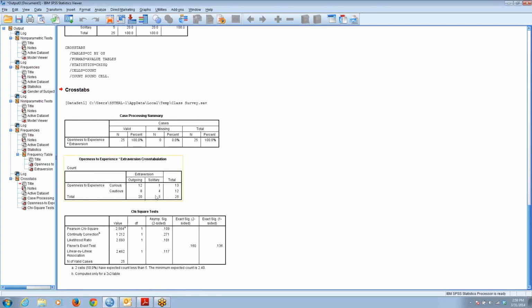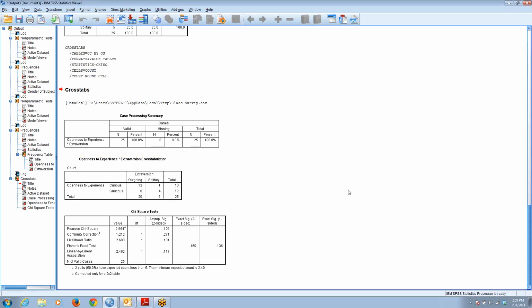Now what we have is the crosstabs. Okay, on the open to experience line, among curious people, 12 of them were outgoing and 1 was solitary. Among cautious people, 8 were outgoing and 4 were solitary.